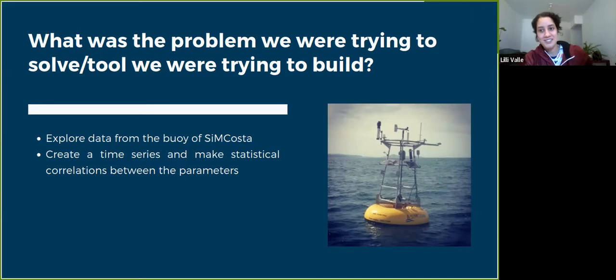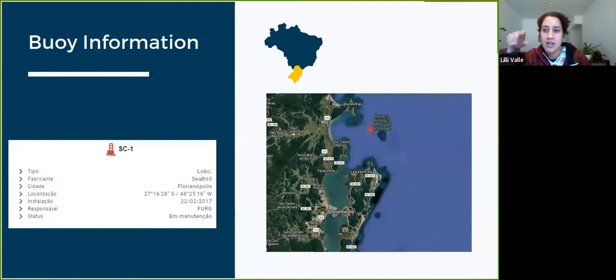Our objective is to explore the data, create a time series, and make statistical correlation between parameters to understand more about the processes that occur in the region. For example, the importance of study on the distribution of patterns of biomass that could be associated with many processes in Santa Catarina coastal region.